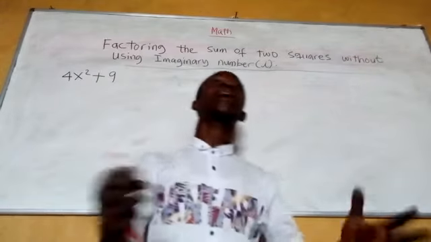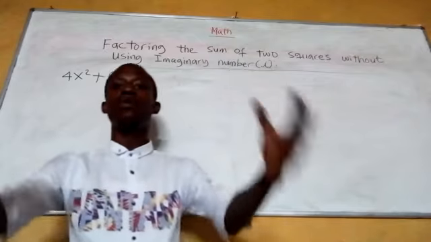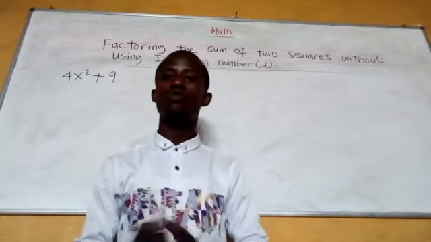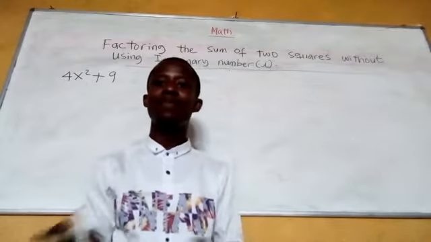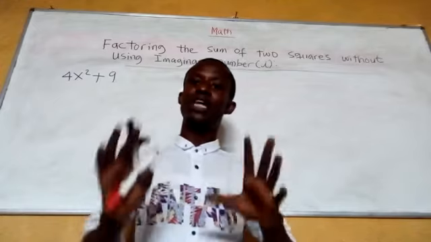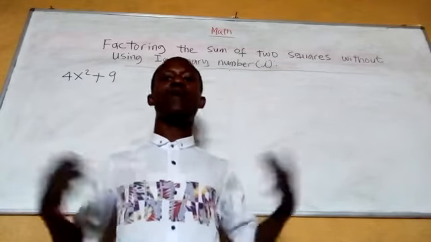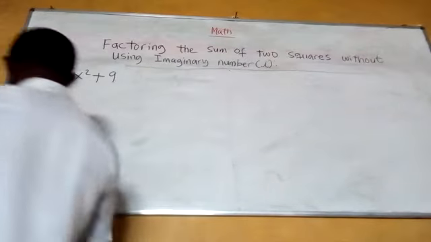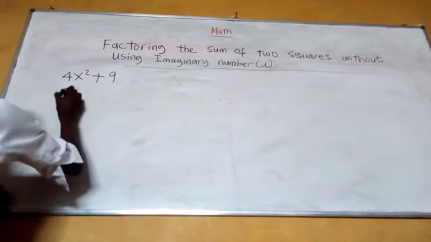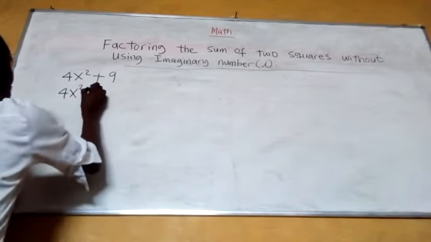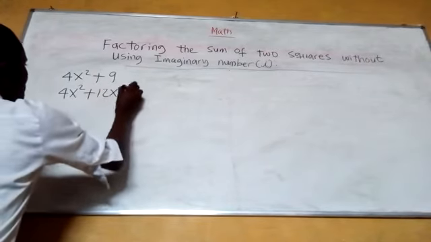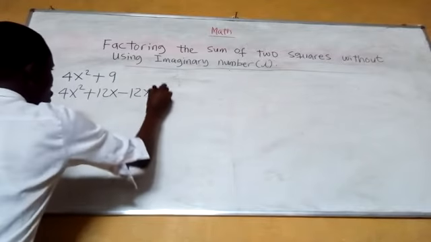The essence of adding and subtracting is that we want to find a trinomial that can easily be factorized, to make life extremely easier for ourselves. So let's do this: 4x squared plus 12x minus 12x plus 9.